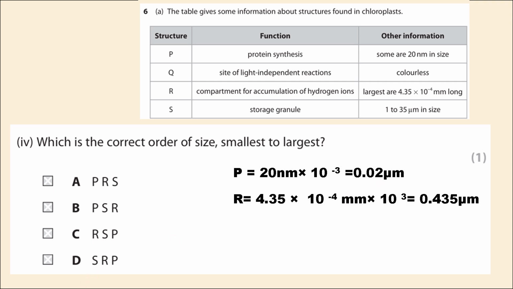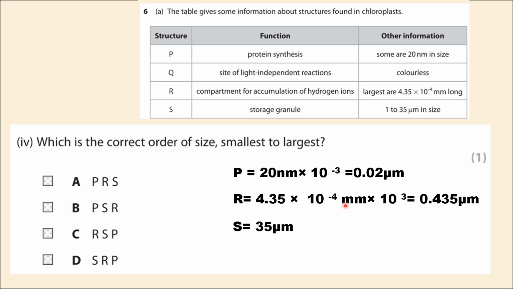And for structure R, given as 4.35 times 10 to the power minus 4 millimeters, to convert this to micrometers, we multiply it by 10 to the power 3, and it's 0.435 micrometers. And for structure S, it is given as 35 micrometers, which does not require any conversion.